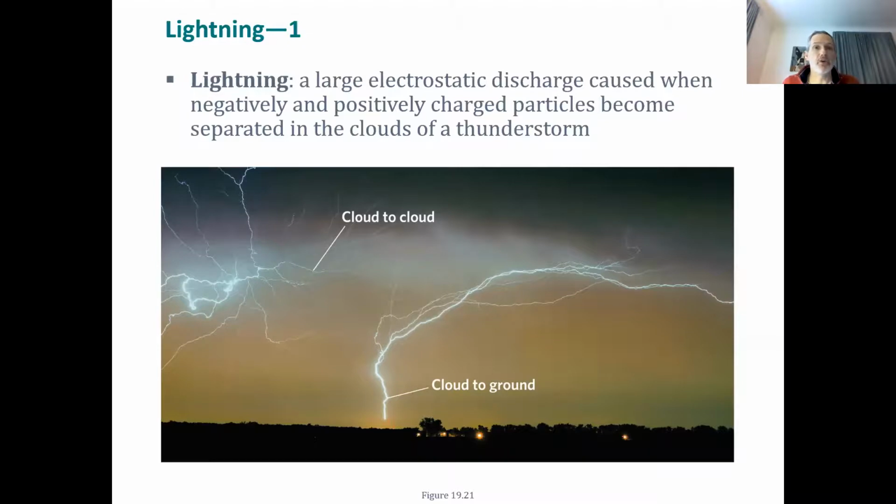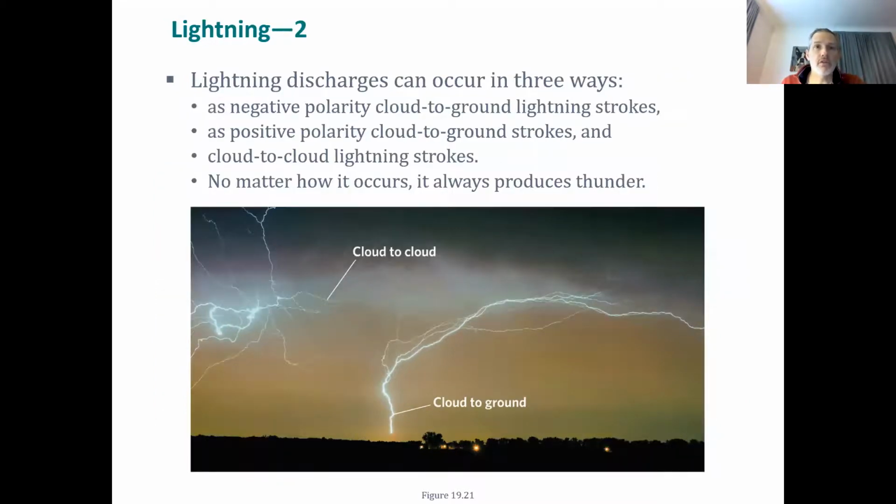And so electrons can go from cloud to cloud, or from cloud to the ground, as a response to this discharge of these excess amounts of electrons. So lightning discharges in three ways. Negatively polarized charges, so again, negatively polarized means they have an abundance of electrons, go from the cloud to the ground.